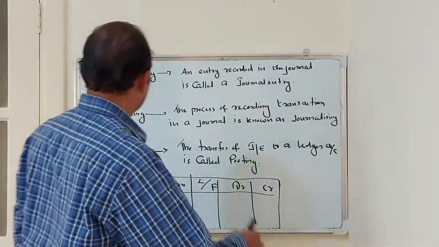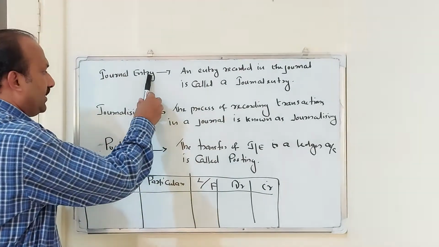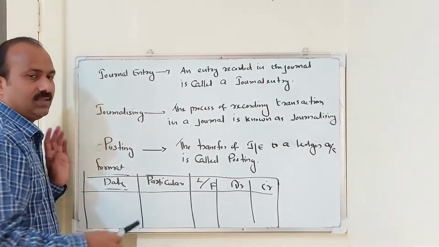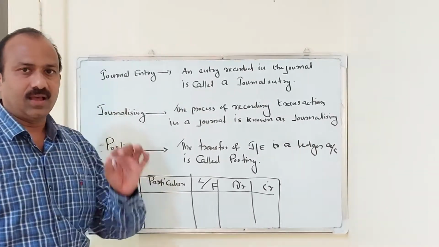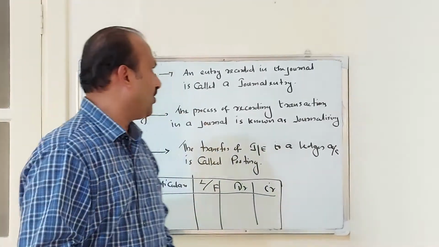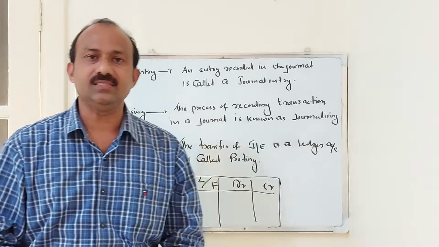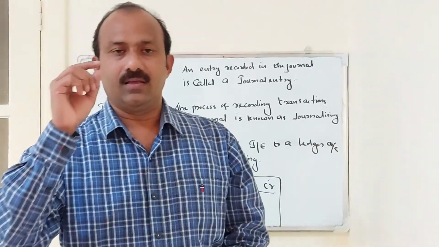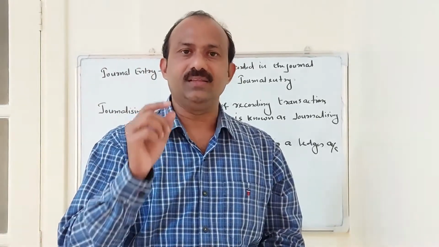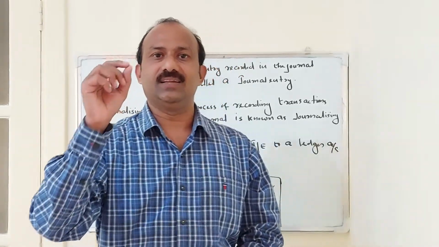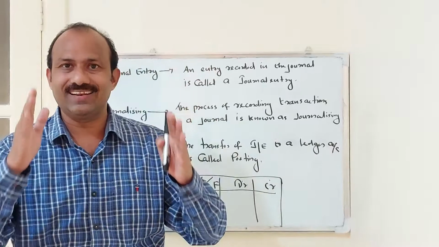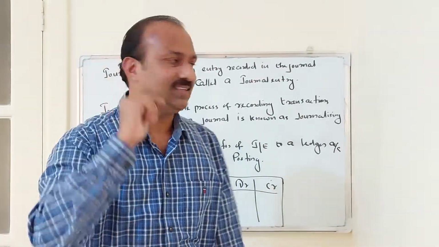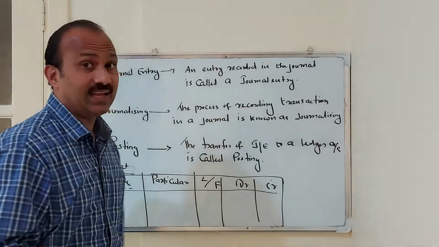Next, what is the meaning of journal entry, what is journalizing, and what is posting. Journal entry means an entry recorded in the journal is called a journal entry. Then what is the meaning of journalizing?